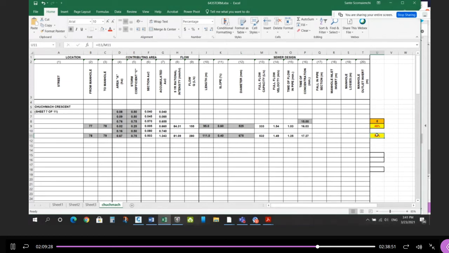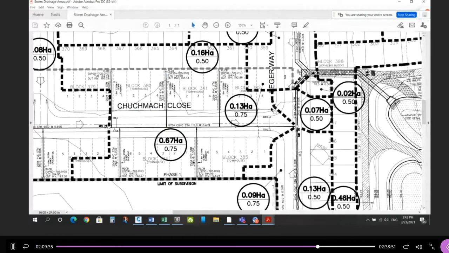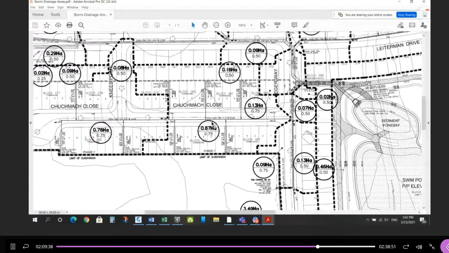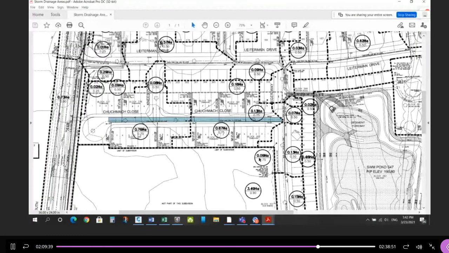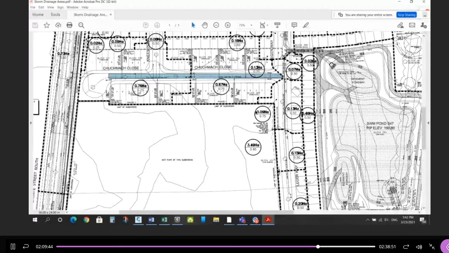So I'm of the belief, if we go back to the drawing, that whoever designed these two storm sewers on Chuchmak anticipated that perhaps in the future, these residential units might be back to back with other residential units.